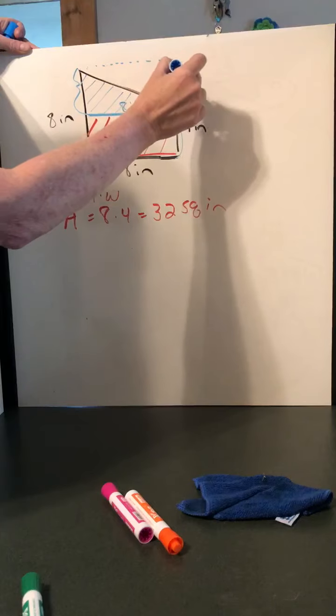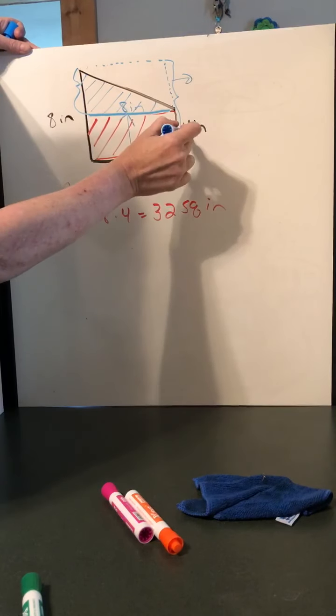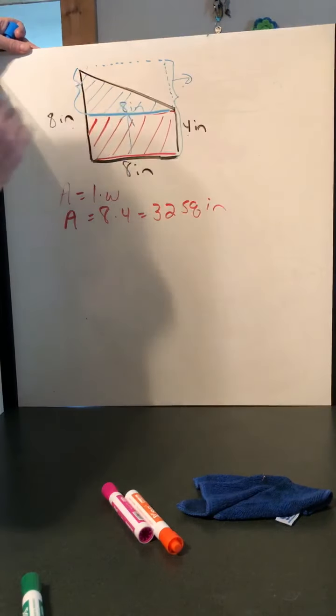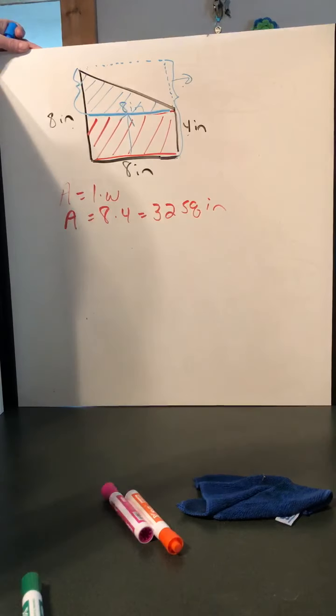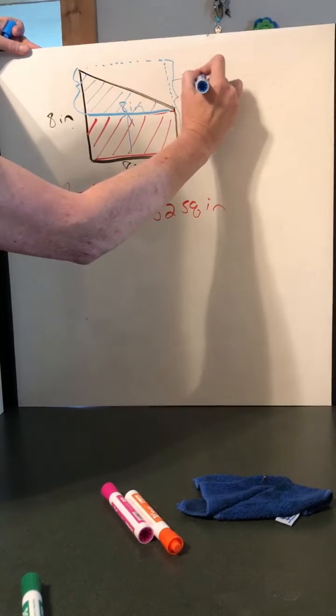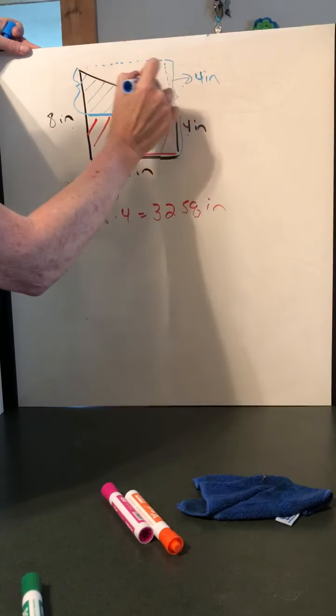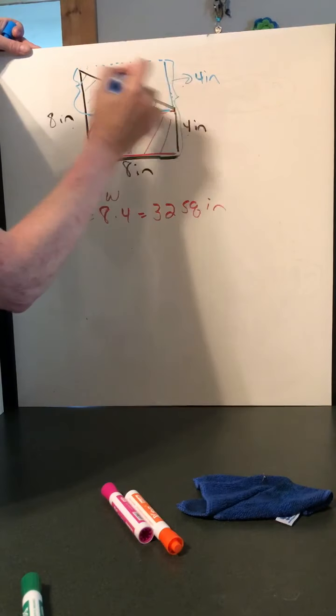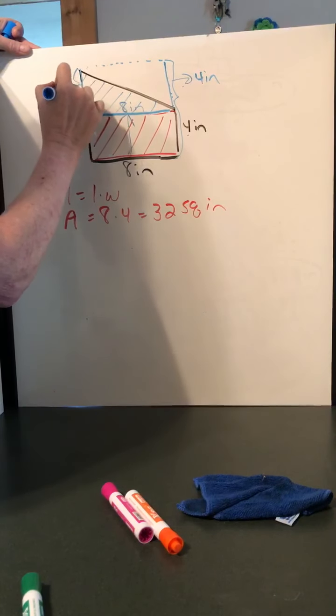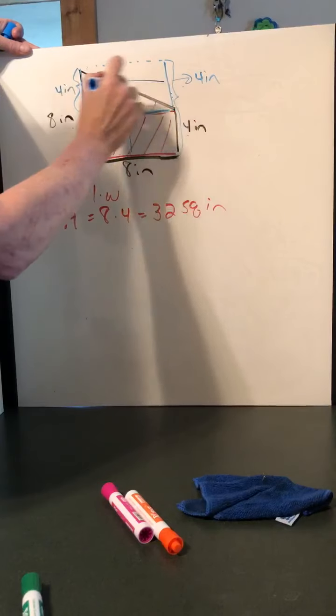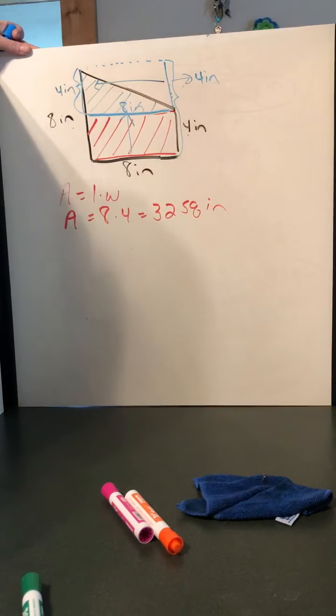So to find this part, what do I add to 4 to give me 8? And you can subtract. 8 minus 4 is going to give you 4 inches. That means that this part here is equal to this part, which is 4 inches. Okay? Because it makes a rectangle and opposite sides are equal.